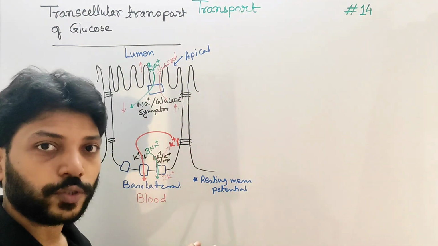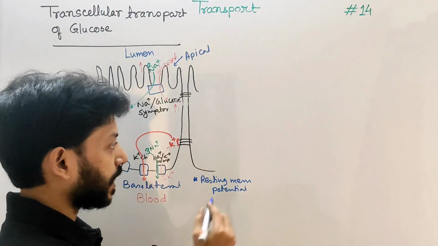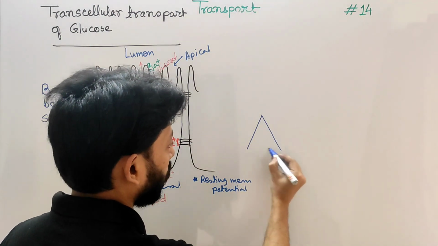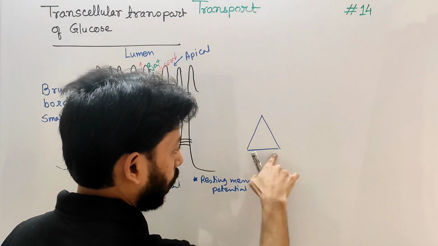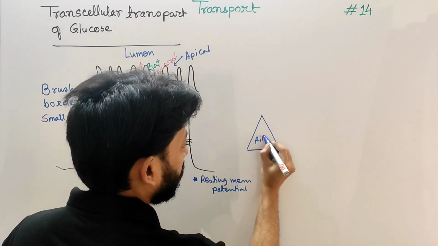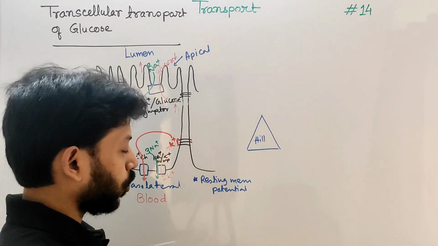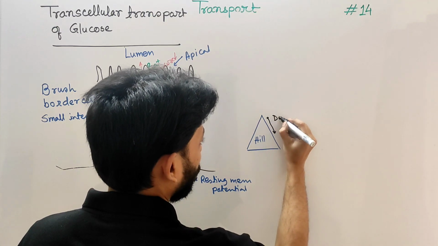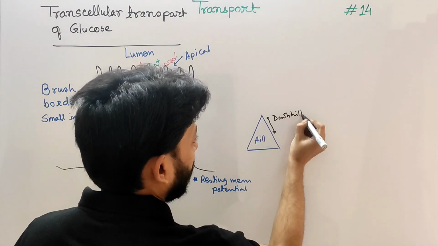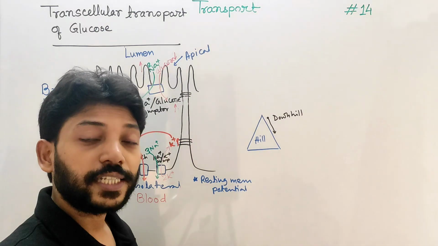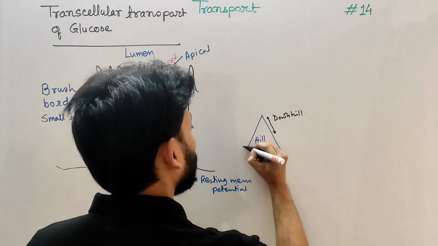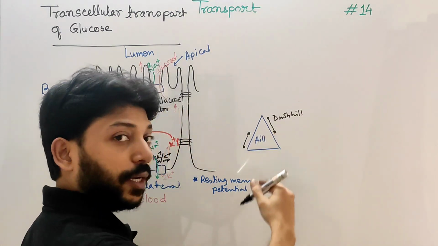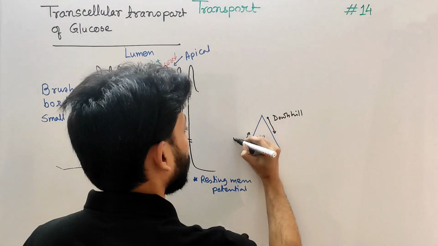Because in all my previous videos I have mentioned that there are two types of movement for molecules. Suppose this is the hill. We know that when someone comes down the hill, it is called downhill movement, and during downhill movement energy is not required, but climbing up the hill requires energy.